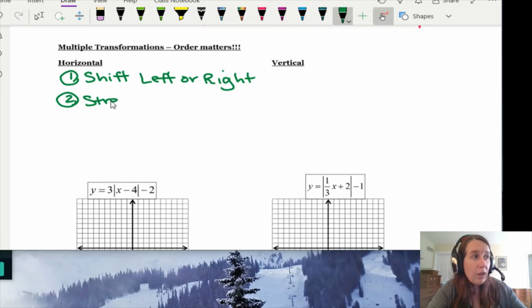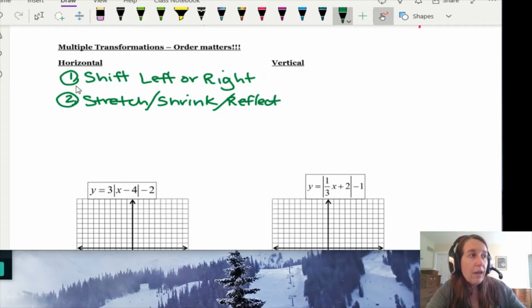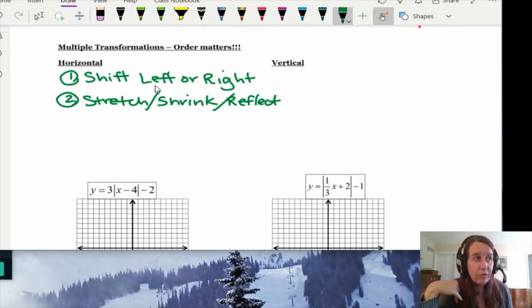The order on those doesn't matter because they are all part of being multiplied in the equation. So stretch, shrink, reflect can be done together in any order. But you have to shift it first and then do the stretching, shrinking, and reflecting.